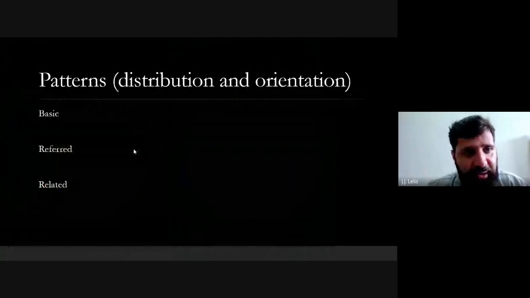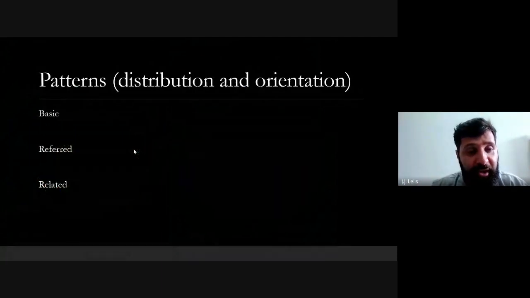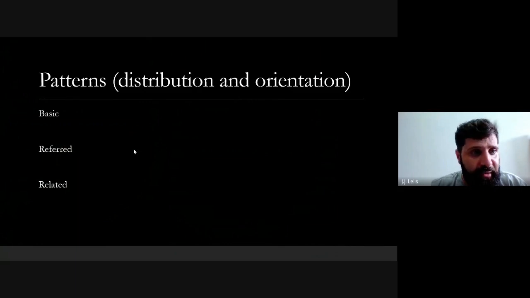We have three different patterns of distribution and orientation. We have the basic pattern, which is related to a specific fabric unit. So the basic distribution and the basic orientation is how a specific fabric unit is distributed or oriented. But I need to compare one fabric unit with other fabric units that compose the same partial fabric.